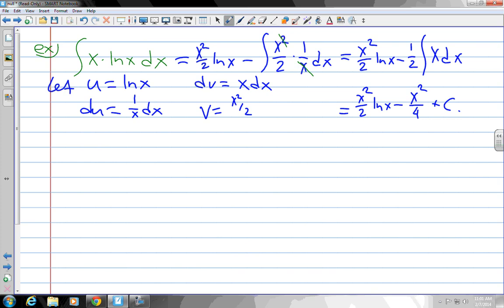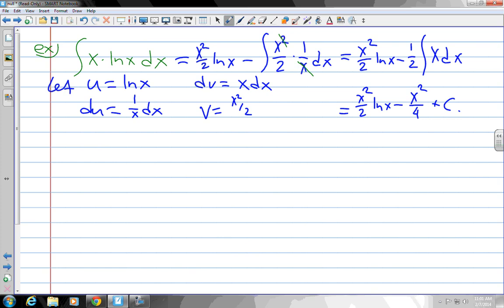Okay, so what you need to understand is that the most important part in this process, well, first of all, you need to know the formula, and that's the ultraviolet super voodoo thingy. But what's really important is to pick your u properly. That will be half of the battle. If you know which function is u, the rest is dv, and then you go from there.